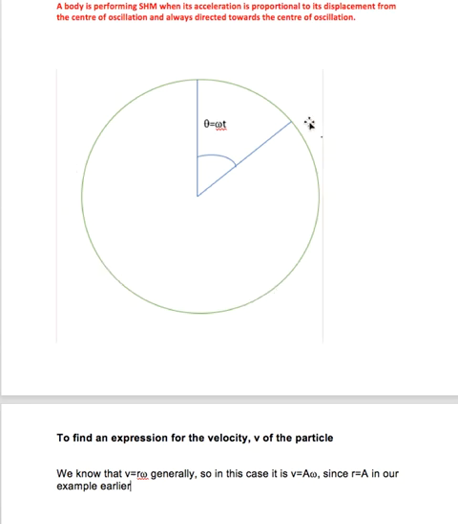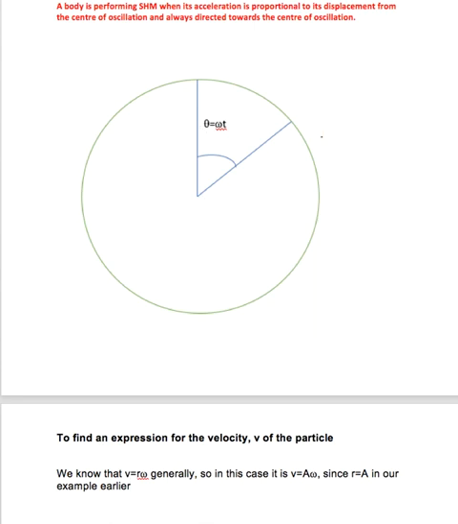What we're looking for, if you remember, is the velocity along the diameter. So what we want is the vertical component of this velocity. So we're looking at the component due to this angle theta in the vertical direction.